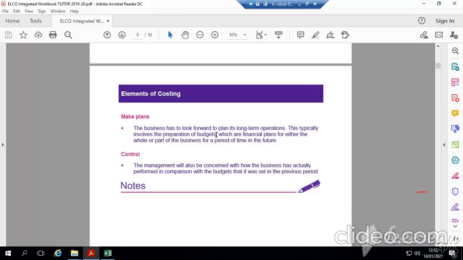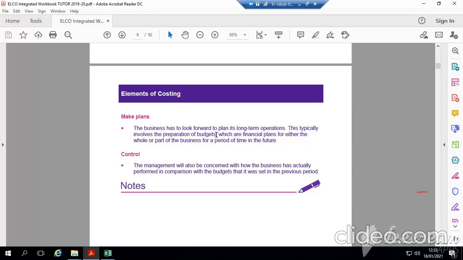In terms of planning, the business looks forward and makes strategic decisions for the future. These strategic decisions require information and some sort of data analysis, which could be gathered by the management team and the finance team.